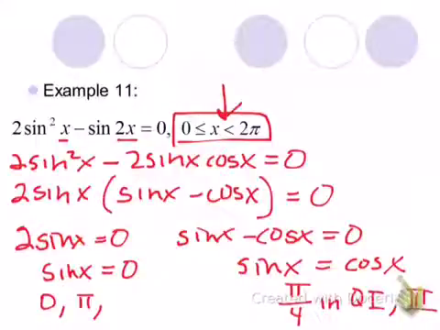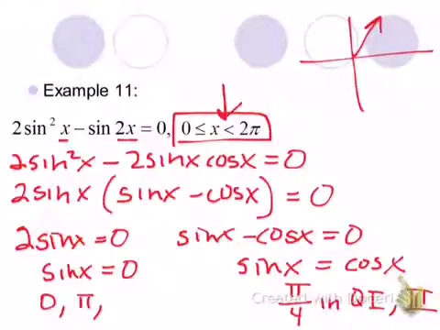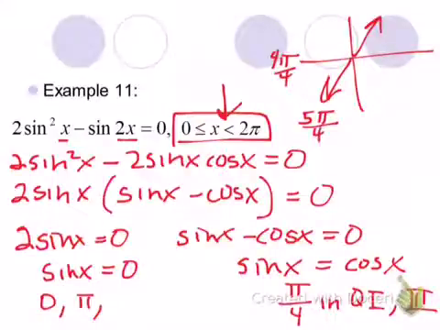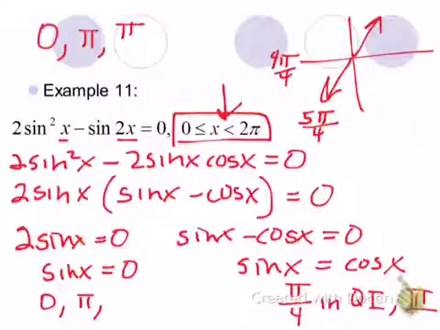They're both negative in quadrant 3 and both positive in quadrant 1. So pi over 4 in quadrant 1 is just pi over 4. Pi over 4 in quadrant 3, that's 4 pi over 4 plus pi over 4, so this would be 5 pi over 4. So my 4 solutions here are 0, pi, pi over 4, and 5 pi over 4.